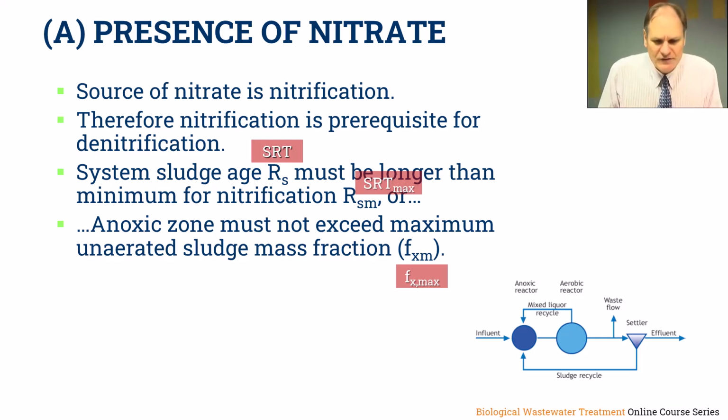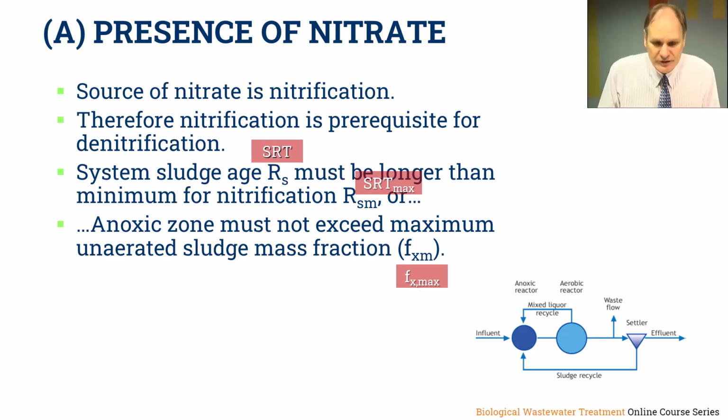The source of the nitrate, of course, is our nitrification process, which we've discussed in detail. Therefore, nitrification is a prerequisite for denitrification. If we don't nitrify, we cannot denitrify, and we will not be able to remove nitrogen. The system sludge age, therefore, must be longer than the minimum sludge age for nitrification, which we defined as R_SM, the minimum sludge age for nitrification.